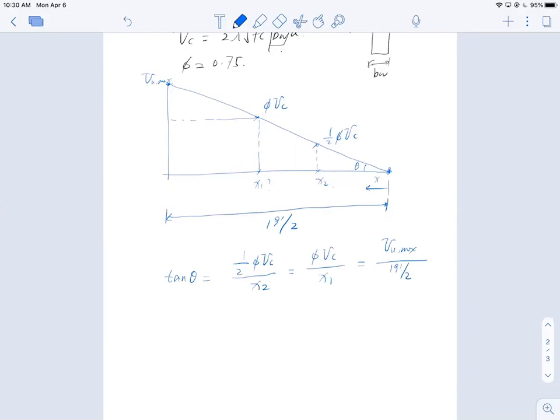If you know phi Vc and half phi Vc, you can actually find out x1 and x2. So that's the trick here. You find out x1, x2. So that's problem number 2B.